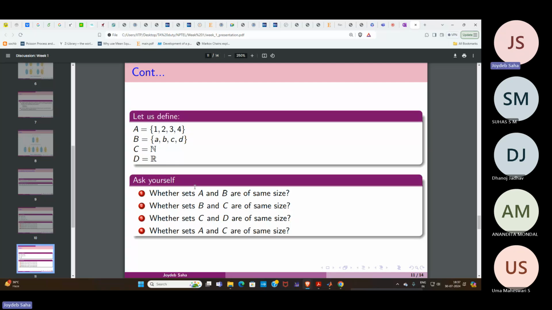At least one of you should answer this question, whether sets C and D are of same size. This question 3 is very important. Take 3-4 minutes or max 5 minutes, think and answer here in the chat box.